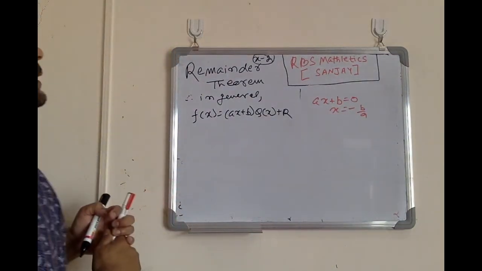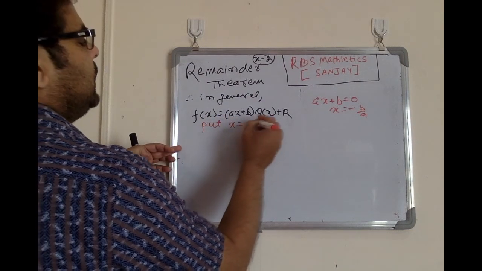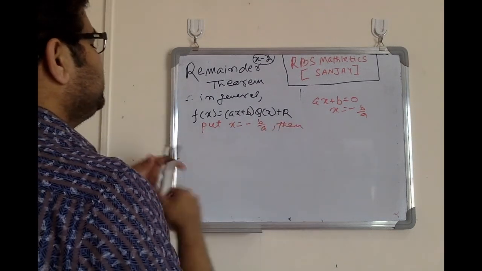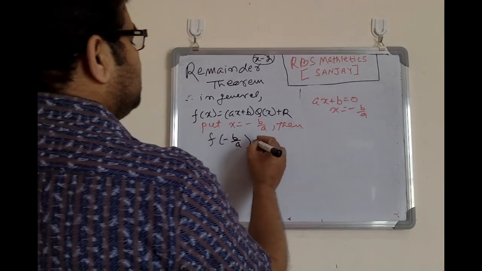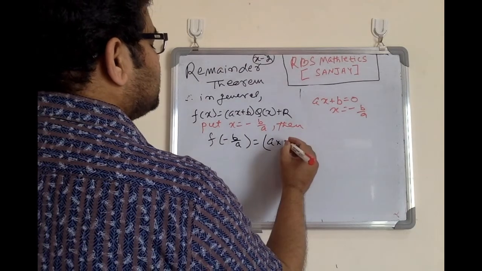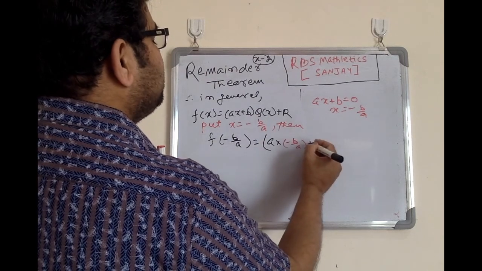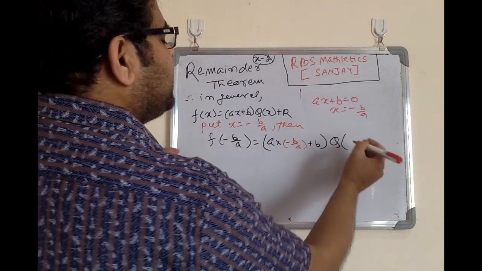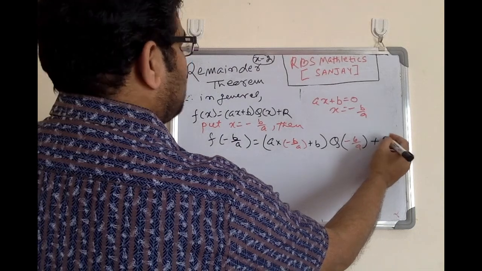Then what happens? In that case, you put x equals -b/a, so f(-b/a) equals a times (-b/a) plus b, close the bracket, q, and then again write -b/a, close the bracket, and r.